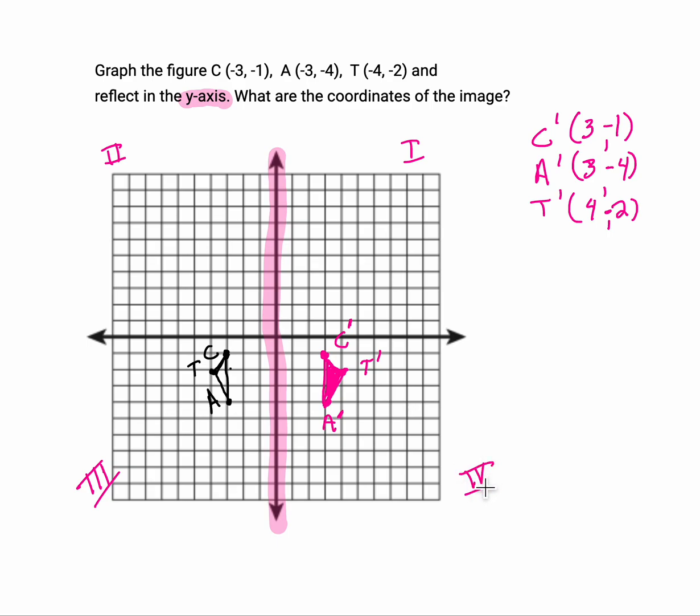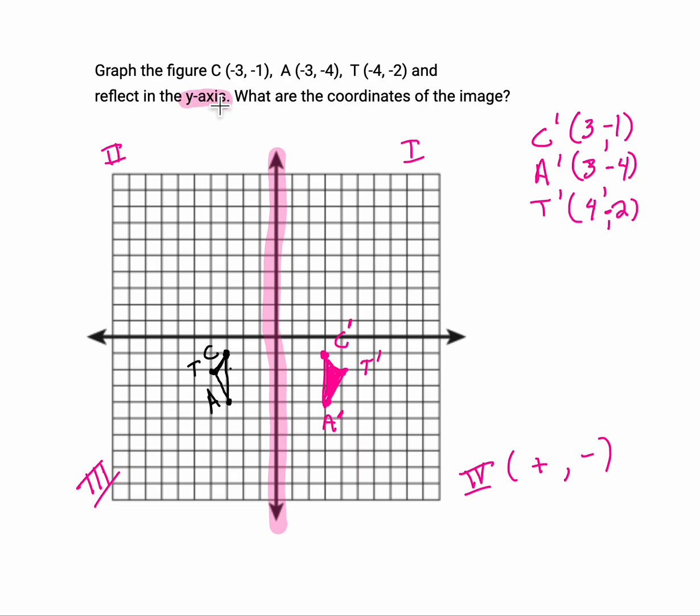And in the fourth quadrant, all our x's are positive because we go over to the right, and all the y's are negative. So I could have thought about that up here and just put negative, negative, negative, because I know that image is in that quadrant. So the y's are all negative.